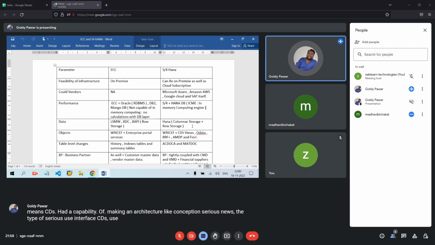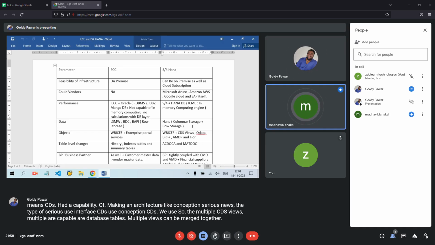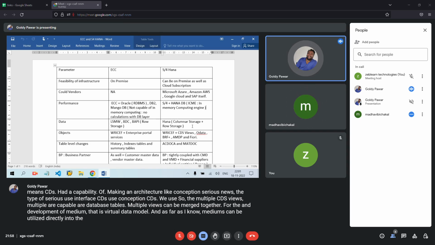Multiple CDS views, multiple database tables, multiple views can be merged together for the development of the VDM, that is the virtual data model. And as far as I know, VDMs can be utilized directly in BW/BI, right?